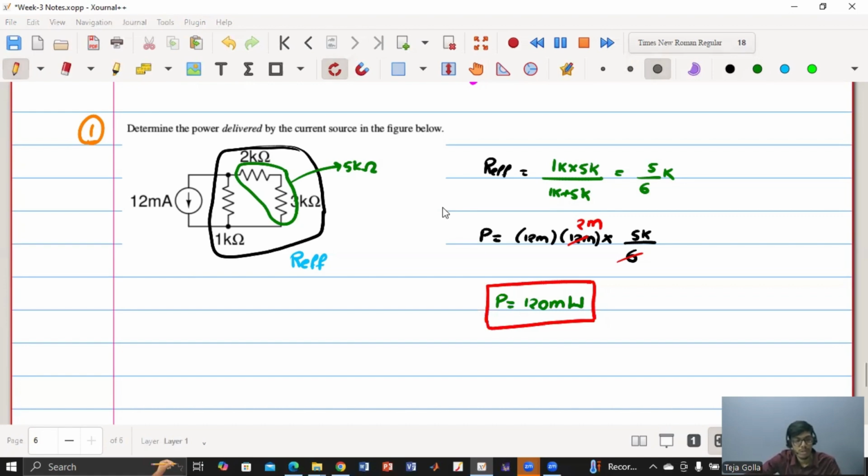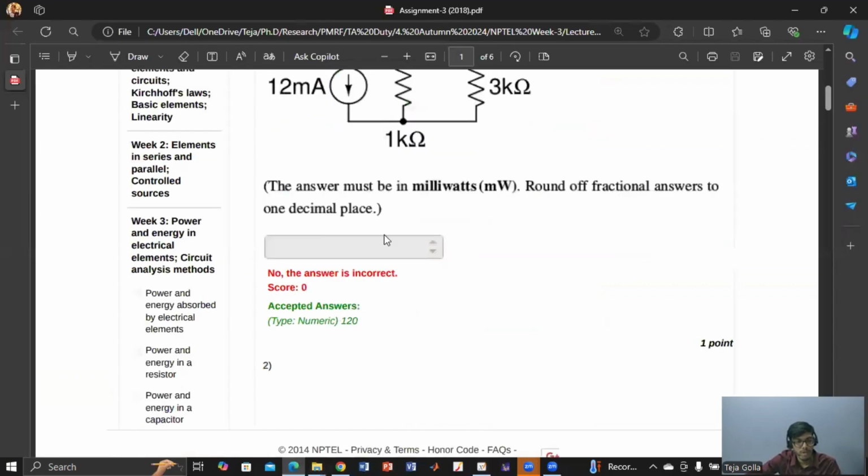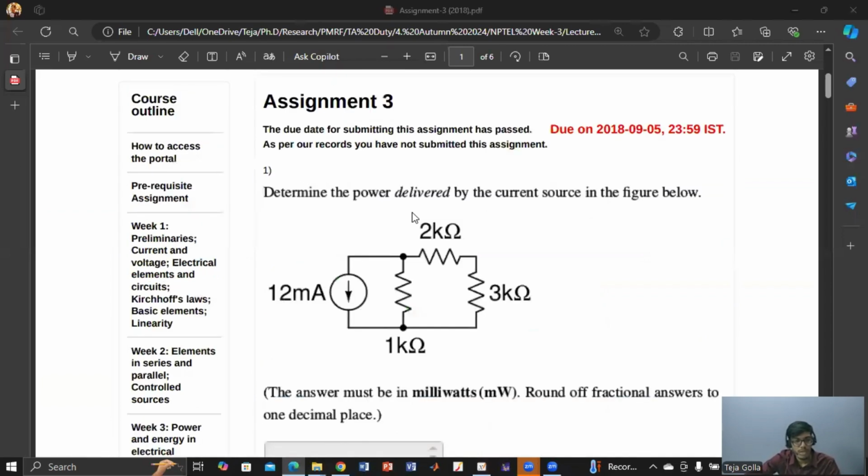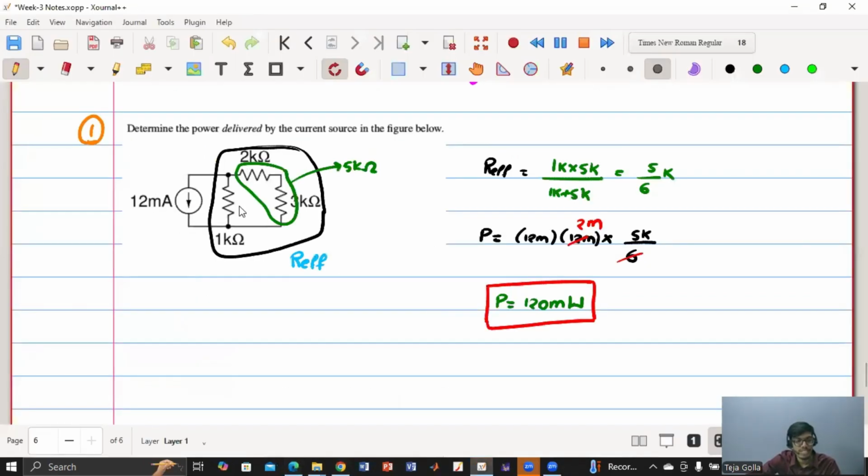So let us go back and check. Power is 120 milliwatt. So it is simple. They have asked for the power delivered by the current source. Very good question. If there is only a resistor network connected to a current source, then the resistors can only absorb power and the current source can only deliver power, because resistors will always draw power. So the current source always delivers power, and that's why it is positive.